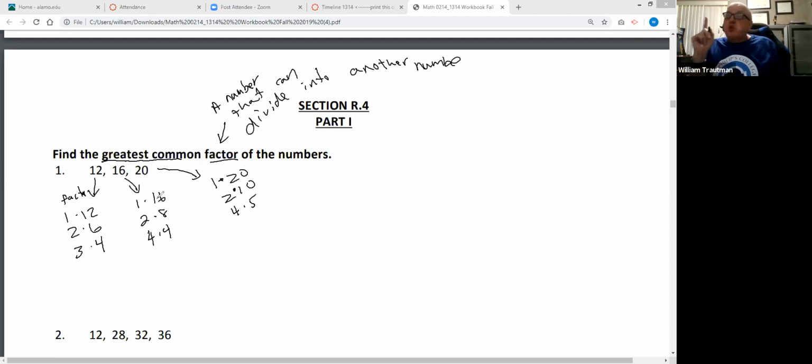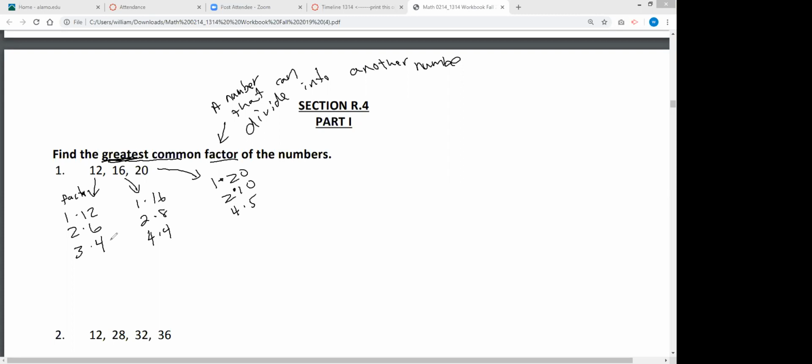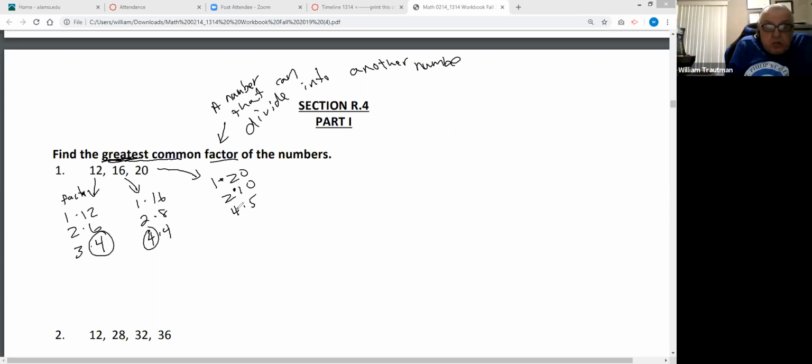We're looking for the greatest common factor. What number is in all three? What is the greatest number that is in all three? 2 is in all, but 2 is not the greatest. 4 is the greatest. Each one has a 4.